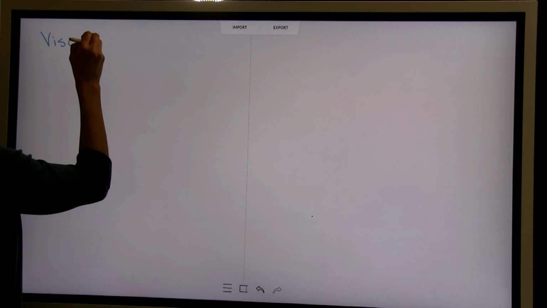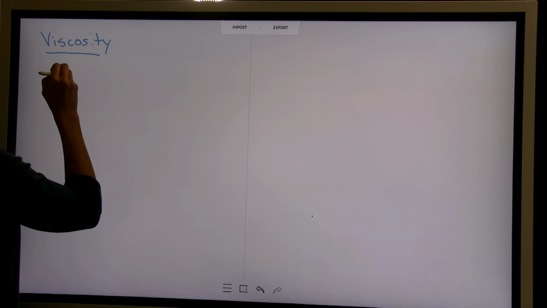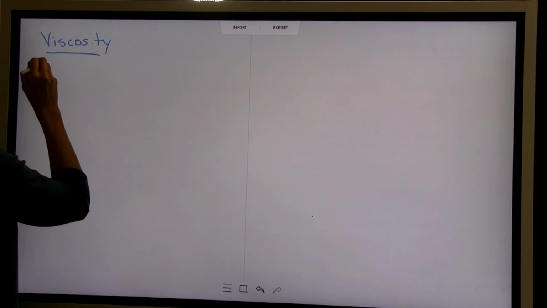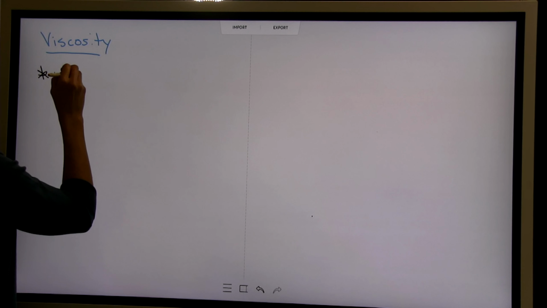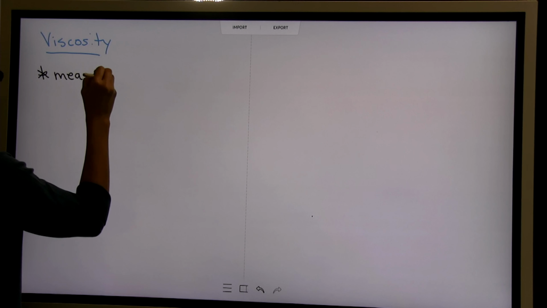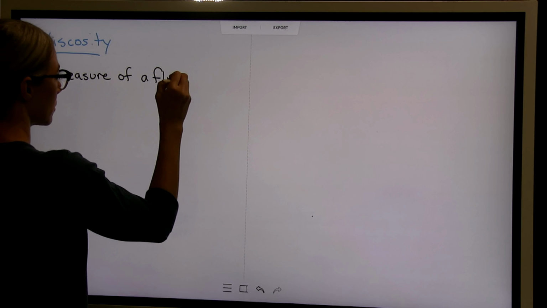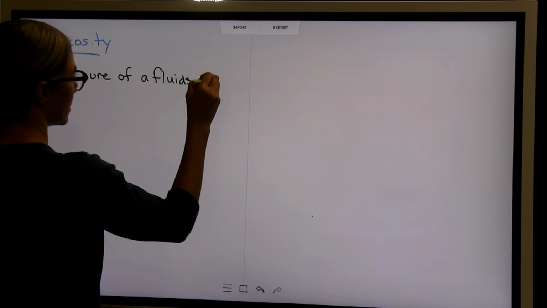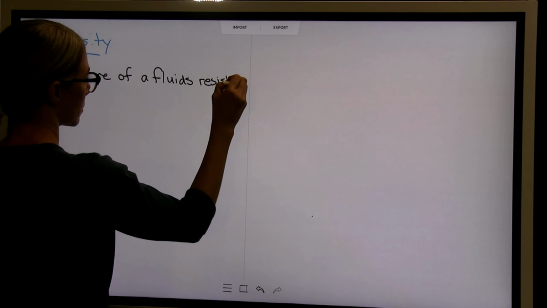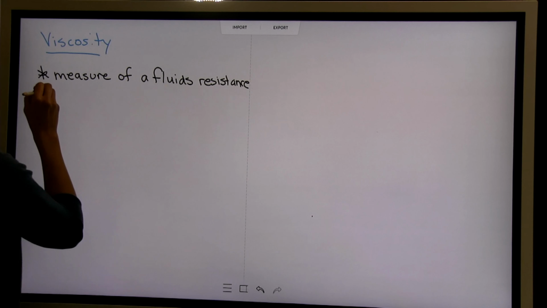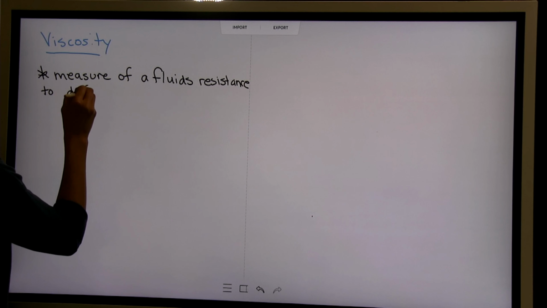So viscosity is a measure of a fluid's resistance to deformation.